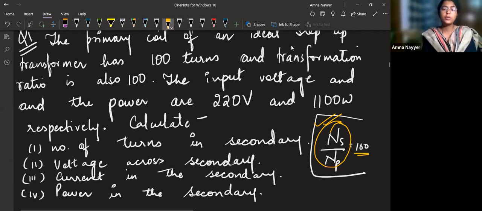Input voltage is 220, NS by NP is 100, NP is 100. All the things are mentioned. One formula we'll use and we'll find the rest of the things.